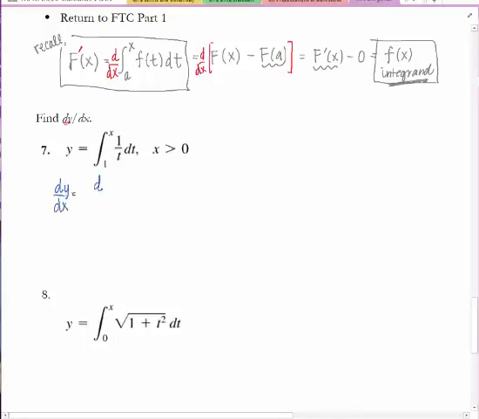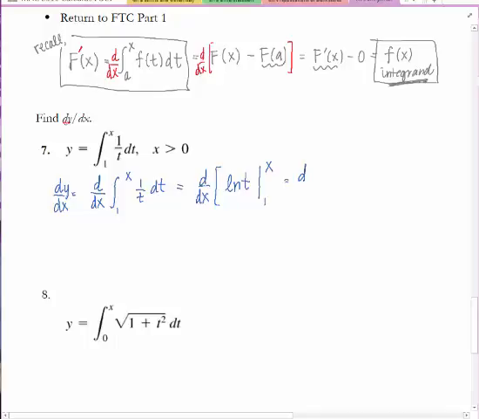That will be the derivative with respect to x of the definite integral from 1 to x of 1 over t dt. Now, as long as x is greater than 0, this function exists and is continuous. In fact, for this one special case, we know the antiderivative of 1 over t, which is the natural log of t, and we'll evaluate this from 1 to x.